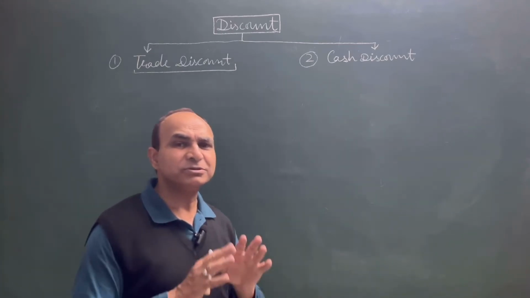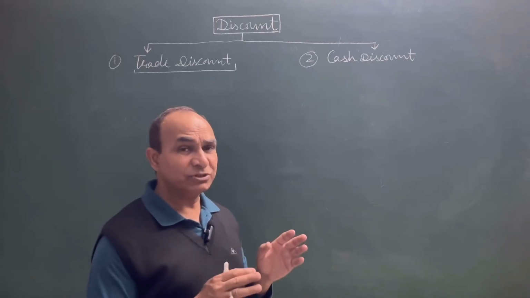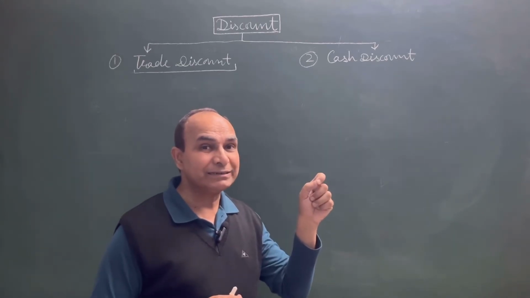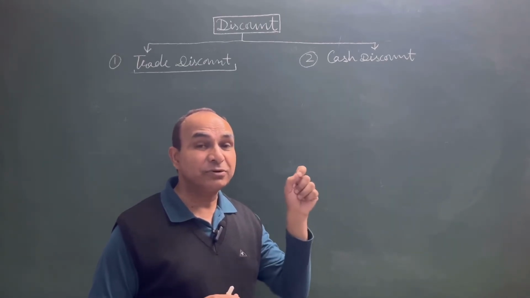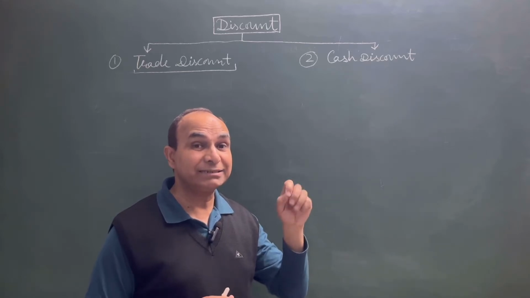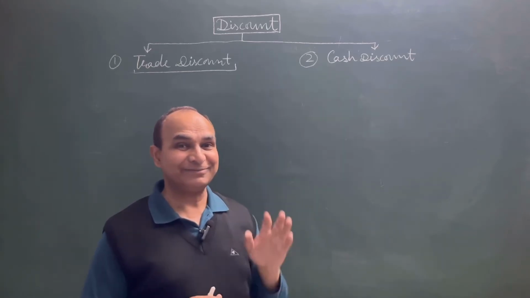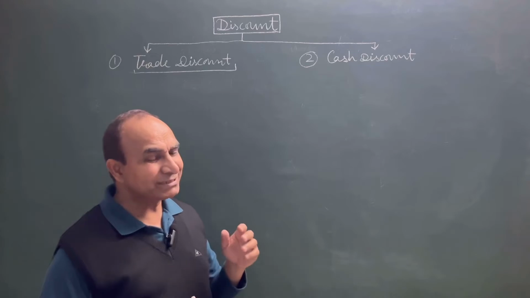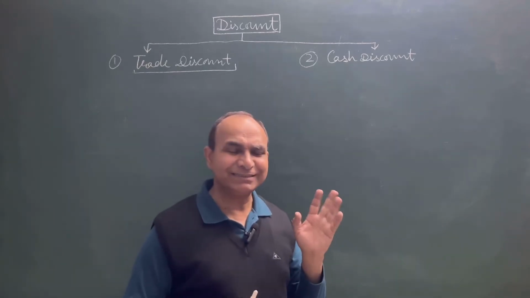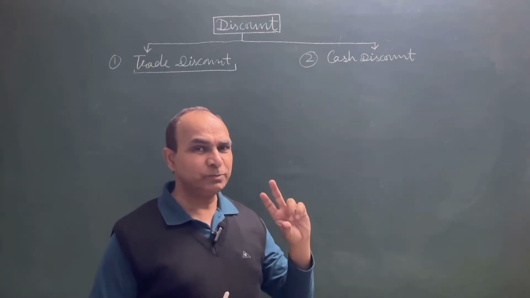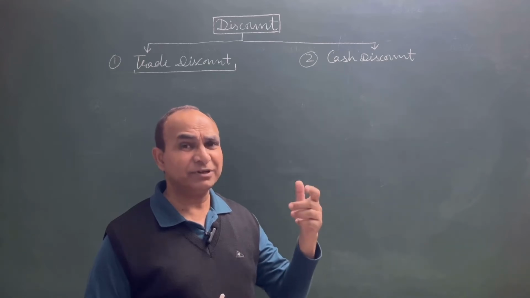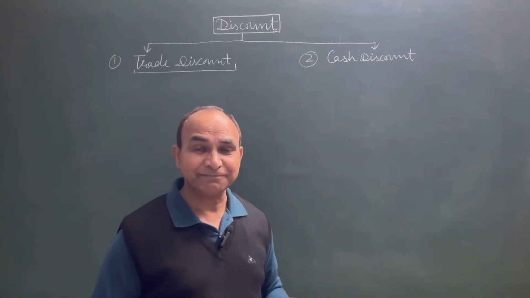You know that in most businesses, goods are sold on credit. Whenever goods are sold on credit, that is termed a credit sale. And once a credit sale is made, it simply means the amount is to be recovered after 15 days, 1 month, 2 months, 3 months.